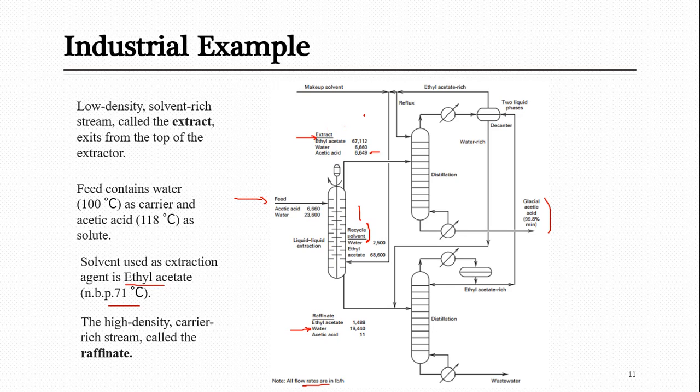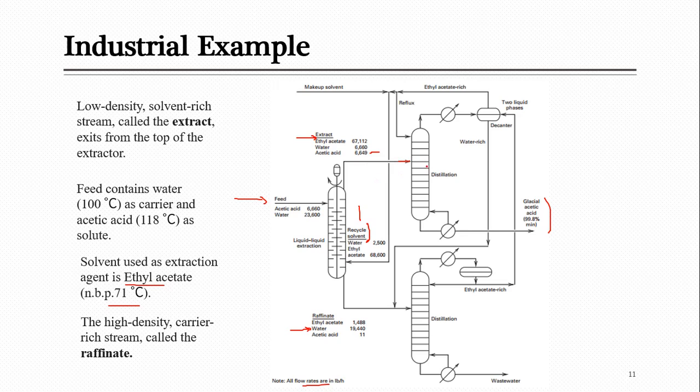The first one, the extract. In the extract, our purpose is to get rid of ethyl acetate and water and get separated acetic acid, which is our product. So what you do is go for a distillation unit. You can see that this extract stream is going to this distillation unit.